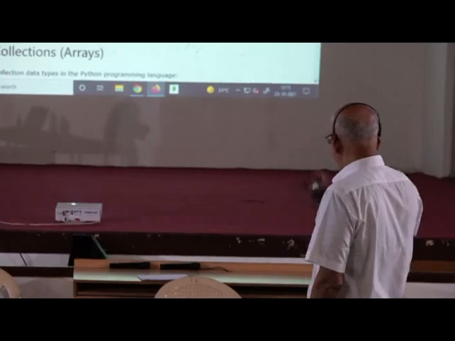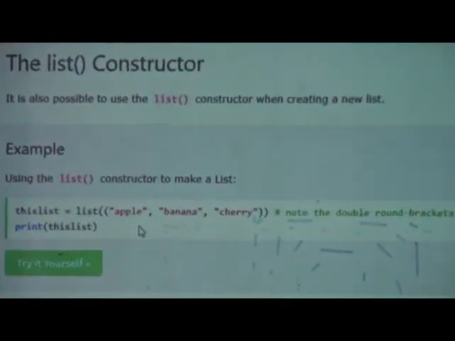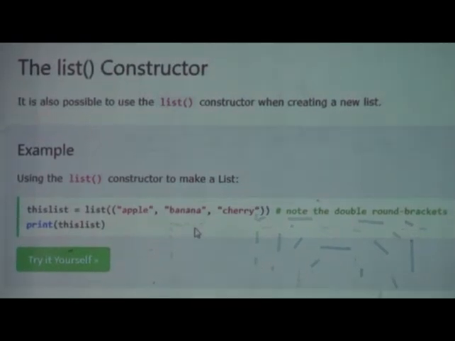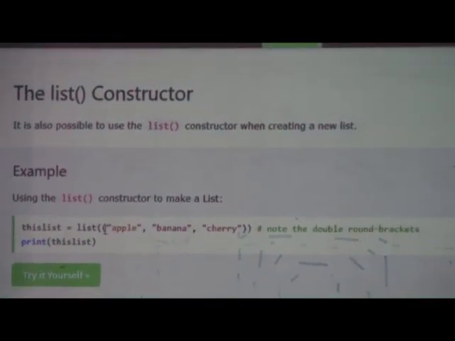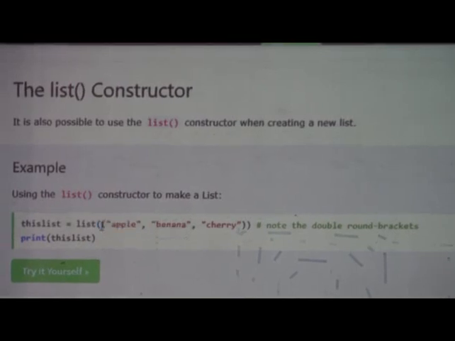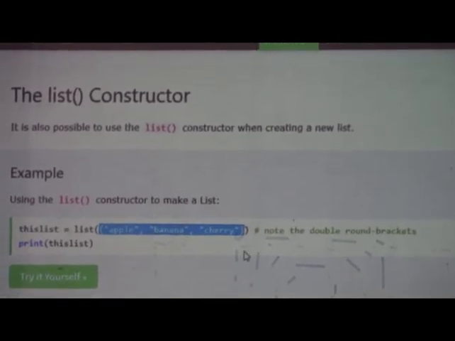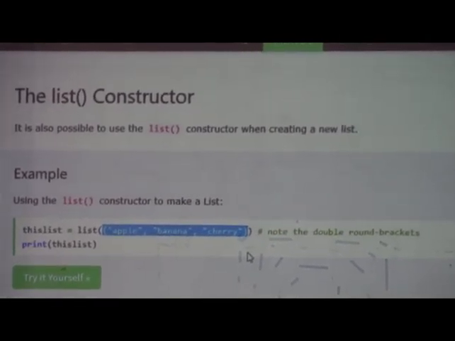Now here we're doing something similar. You see apple, banana, and cherry. There are two parentheses. The inner one around apple, cherry, and banana is called a tuple.